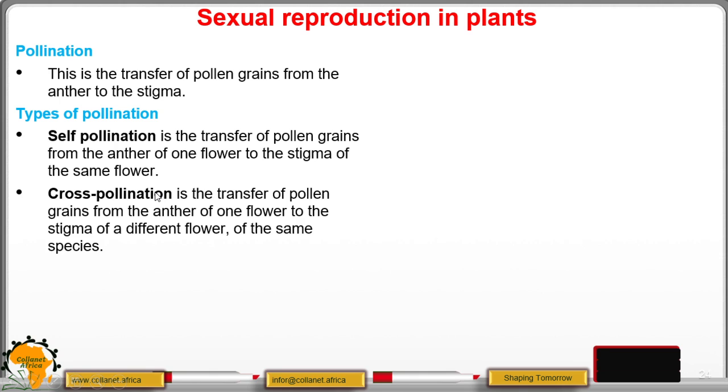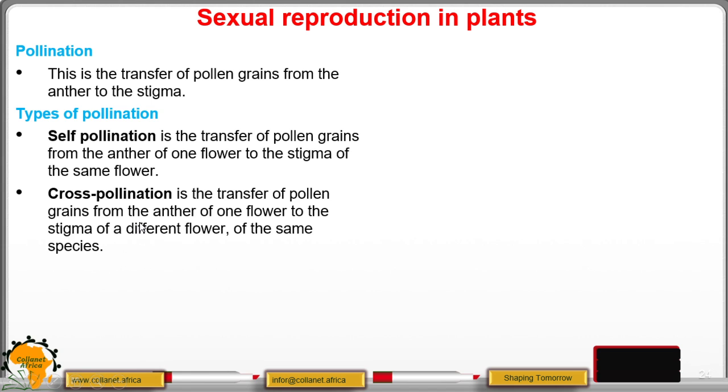The other type is called cross-pollination, and this one involves the transfer of pollen grains from the anther of one flower to the stigma of a different flower, but they should be of the same species.